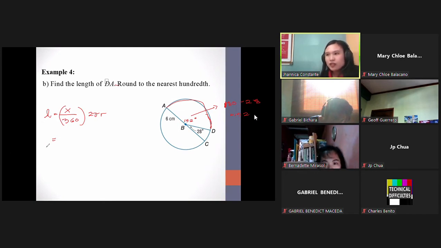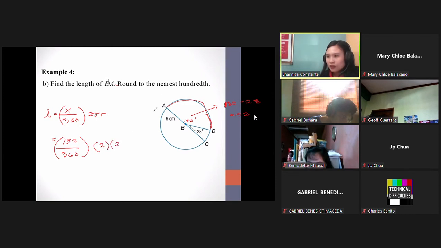Since we have the central angle that we're going to use in finding the measurement of the arc AD, which is 152 divided by 360 times 2 times pi, which is 3.14, times the radius that we have, which is 6 centimeters.